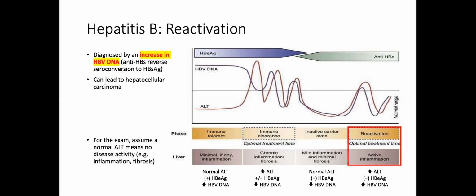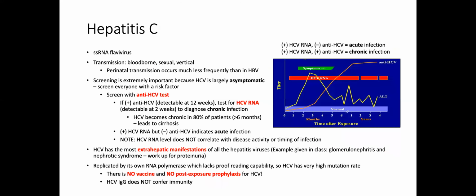But sometimes people with viral hepatitis actually have normal ALT, AST. So it's important not to assume, okay, that's normal, so I don't need to think about that. So reactivation, increase in HBV DNA.